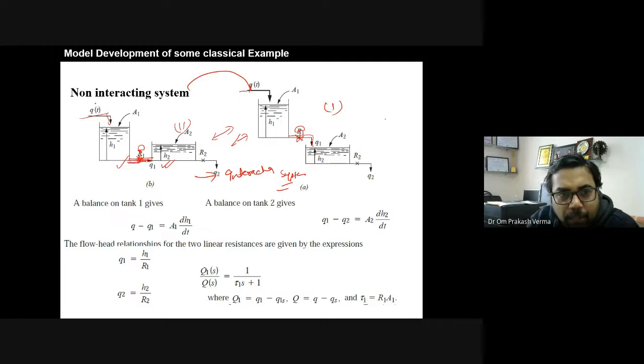What is the rough difference between non-interacting and interacting? In the case of the non-interacting tank, the output of the first tank that is going into the second tank is in direct contact with air. You can see that the water coming from here is being given to this tank through contact with air.